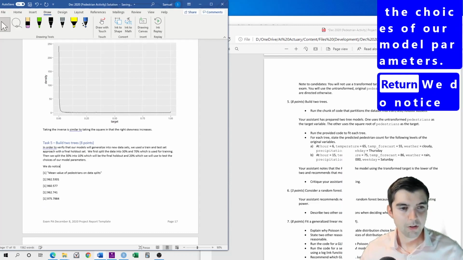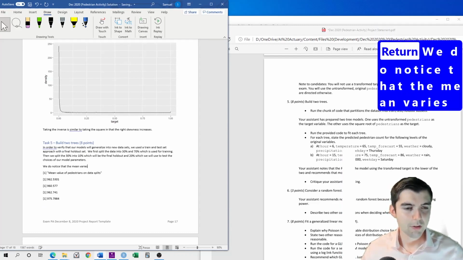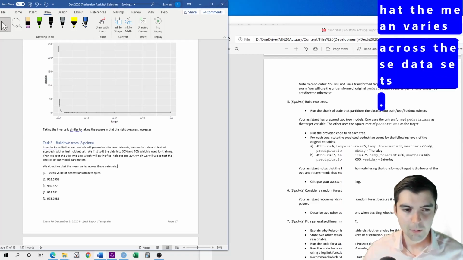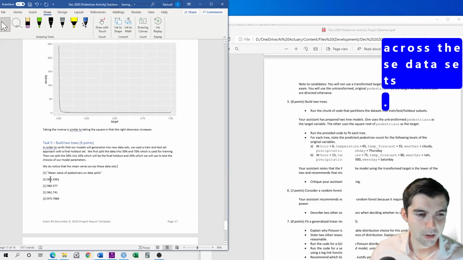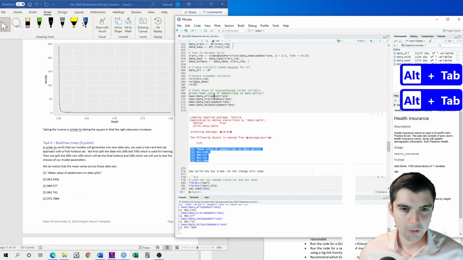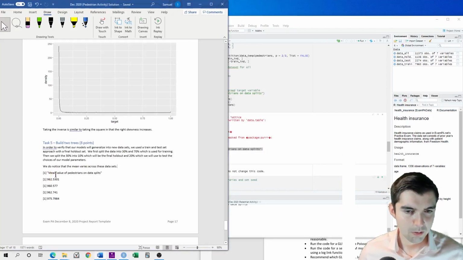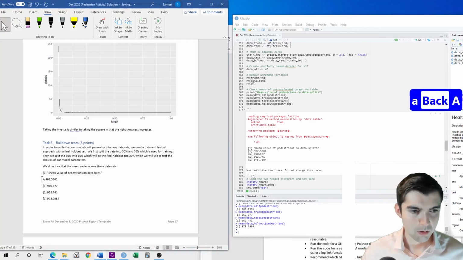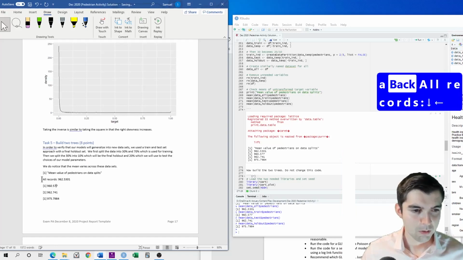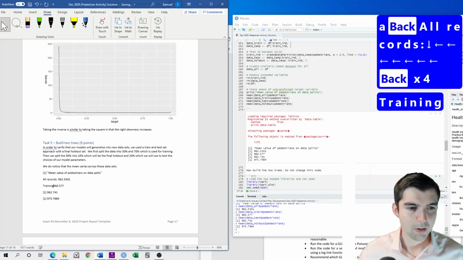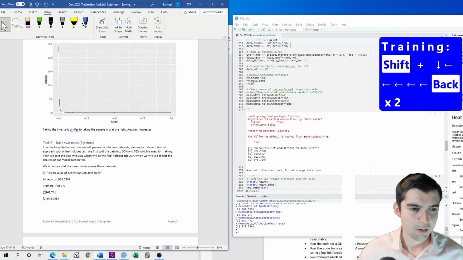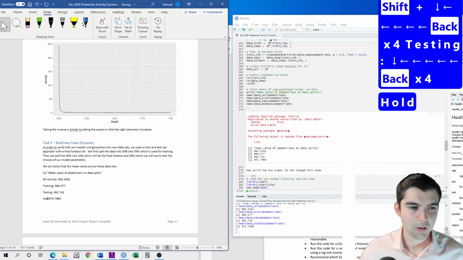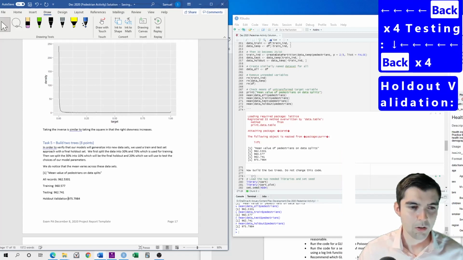We do notice that the mean varies across these data sets. It would be helpful if it showed which data set this was. So this is all records, and then training, testing, holdout validation.